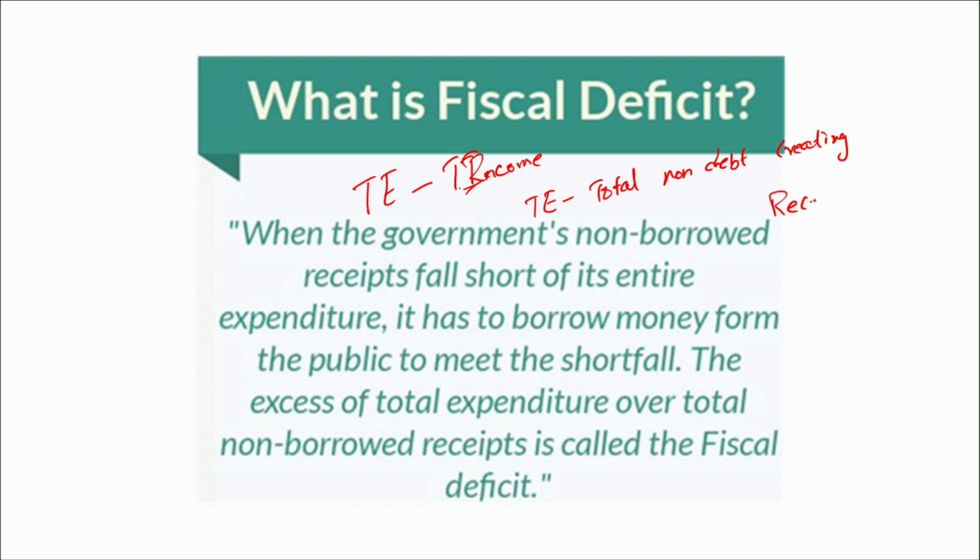So if you look at the definition, when the government's non-borrowed receipt falls short of its entire expenditure, it has to borrow money from the public to meet the shortfall. The excess of total expenditure over total non-borrowed receipts is called fiscal deficit.